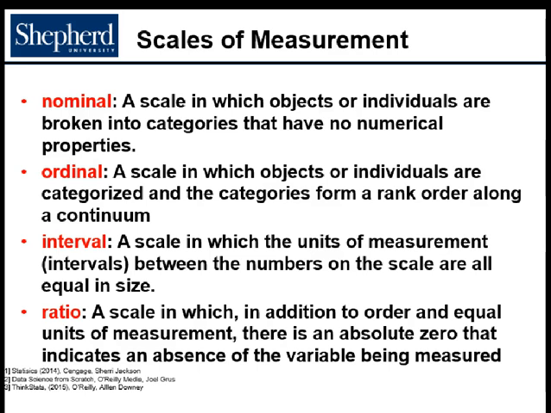Ratio data have all the properties of interval data, and in addition, the ratio of two values is meaningful. Variables such as distance, height, weight, and time use the ratio scale. This scale must contain a zero value that indicates that nothing exists for the variable at the 0 point.